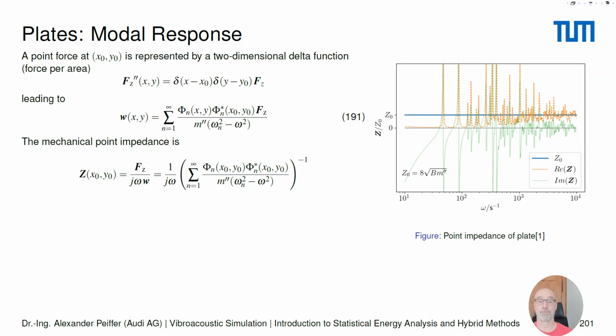It is not approaching as well as in the room example or other examples, and the reason for that is the constant modal density. As you remember, the modal density stays constant, and that means the modes are not getting nearer in the frequency band. So the overlap is not getting higher and higher, and we just have other effects here. So we are not perfectly approaching the free field point impedance, but we are approaching it.